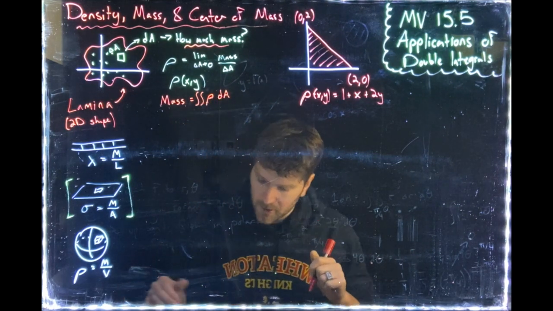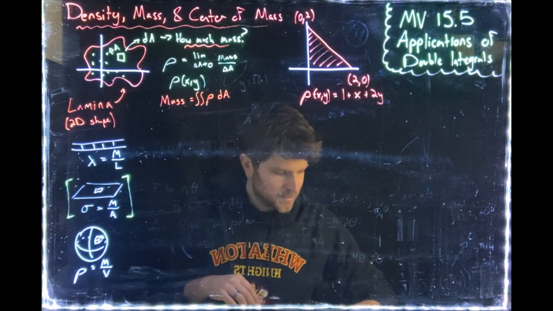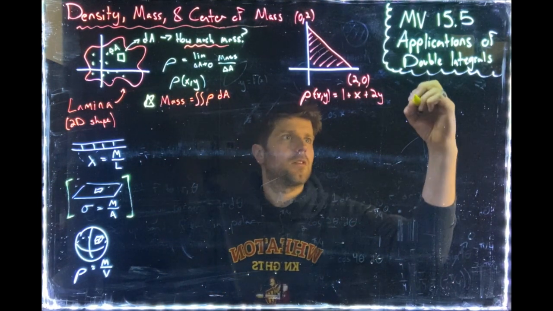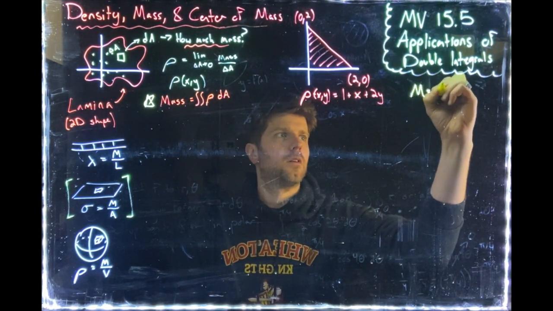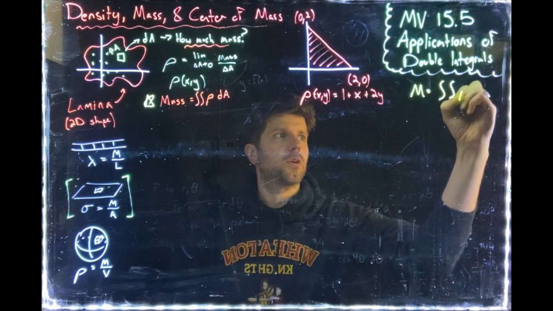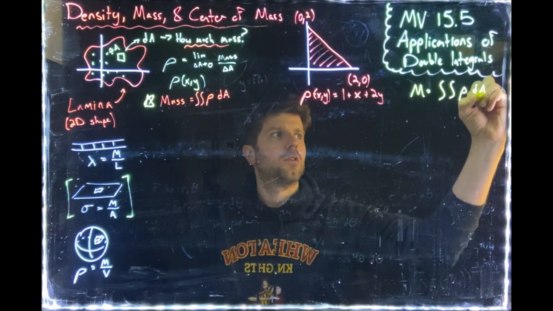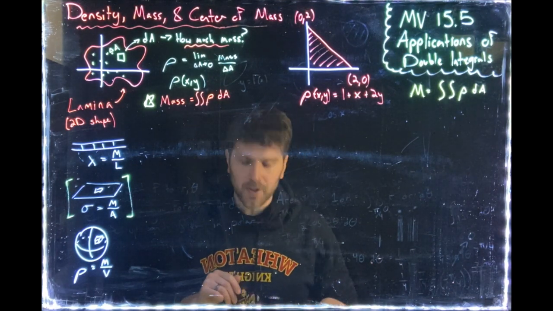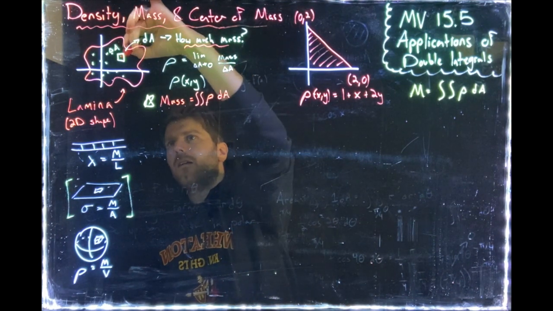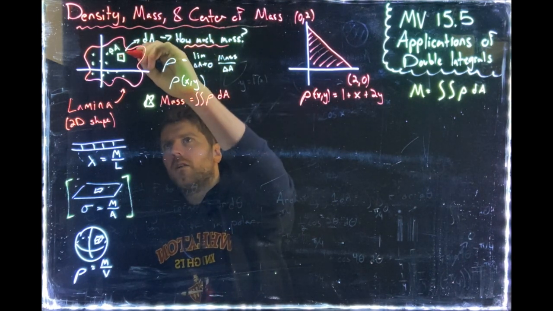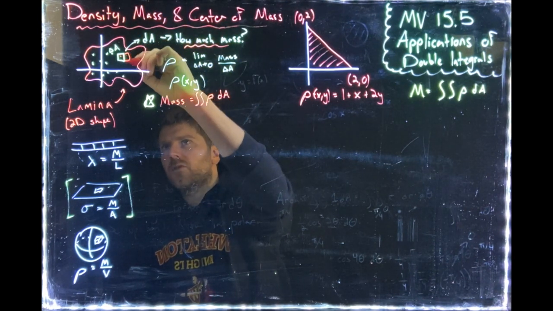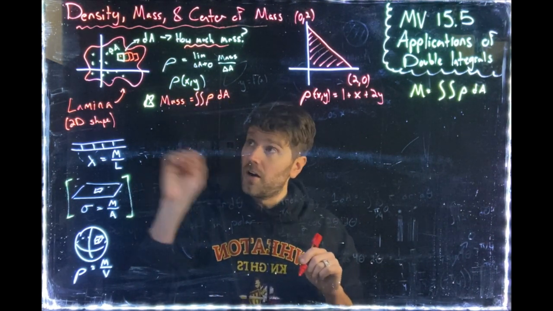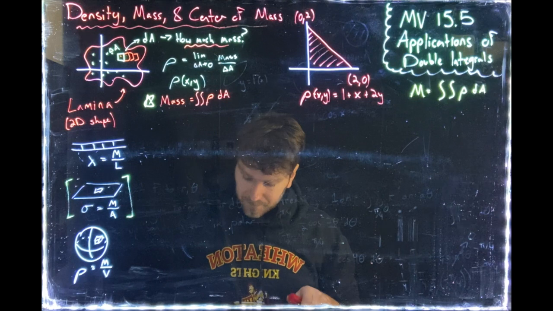So when I'm doing this double integral of rho dA to get my mass, and I'll put that over here as a key equation, what we're really doing is multiplying my density by how much area is in here, and here, and here. We're going to add up the density times area for each of those little bits.